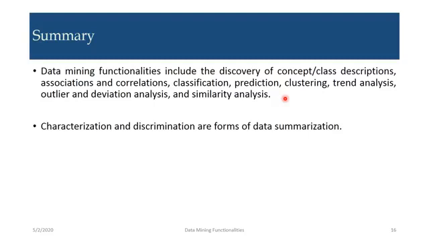In chapter 2 we will discuss data pre-processing techniques, then chapter 5 association and correlation analysis, chapter 6 classification and prediction, and in chapter 7 clustering analysis. Here the user has to find out which particular technique they want for their data set.